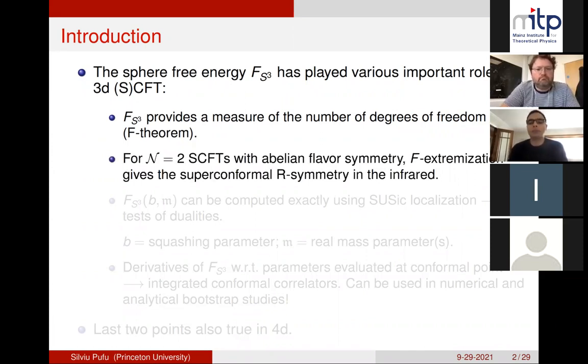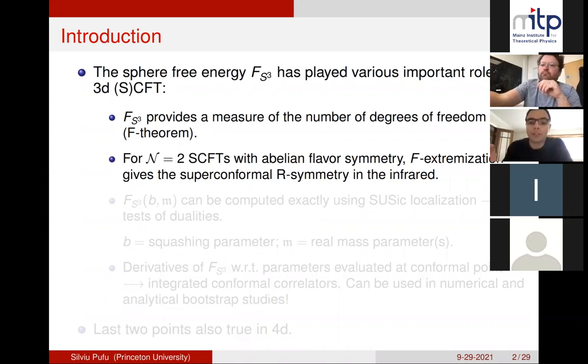Another one, sort of related in some way, is that in theories with N=2 supersymmetry and some abelian flavor symmetry, suppose that such a theory arises at the infrared fixed point of some RG flow that preserves some abelian flavor symmetry. At the infrared fixed point, the conformal symmetry is emergent, but the N=2 superconformal algebra also contains some R symmetry.